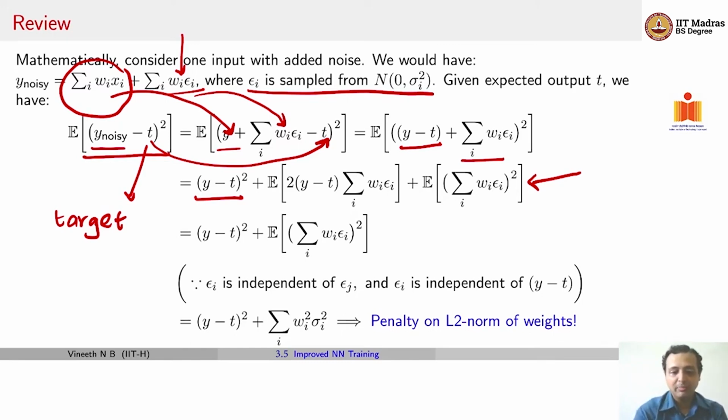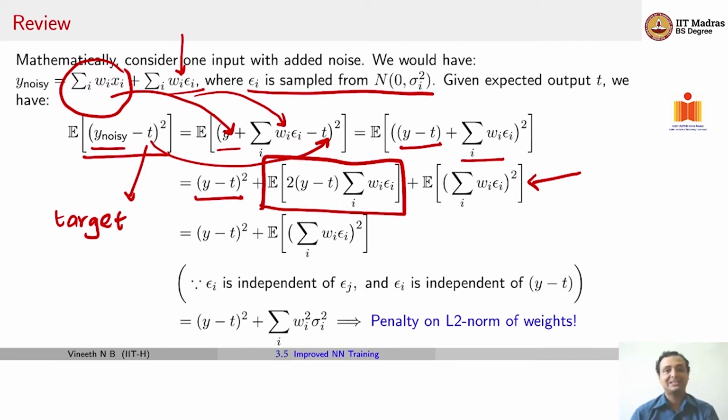Now if you see the middle term here, we assume that all weights are fixed, and all epsilon i's are mean 0 by the very definition of how epsilon i is sampled, which means the expectation of this sum over i of Wi epsilon i will go to 0. So you are left only with the first term and the third term.